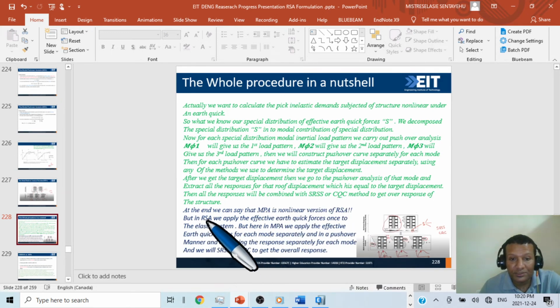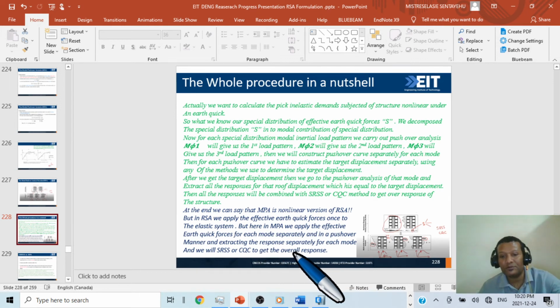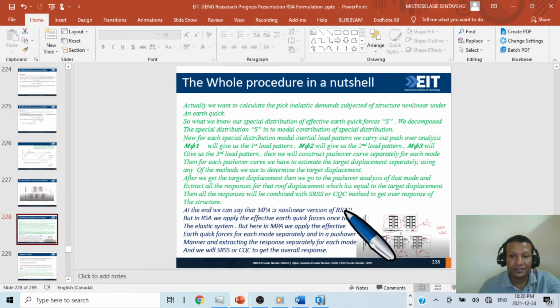In response spectrum analysis, we apply the effective earthquake force once to the elastic system. But in MPA, we apply the effective earthquake forces for each mode separately and in a pushover manner, extract the response separately for each mode, and use SRSS or CQC to get the overall response. That is the only difference. In RSA we apply it once and extract the modes, and we have a lot of formulas.